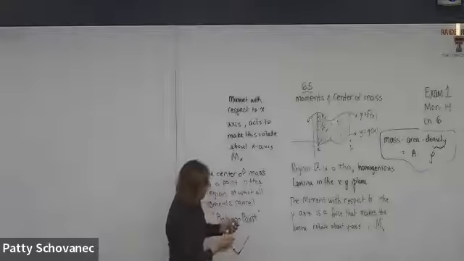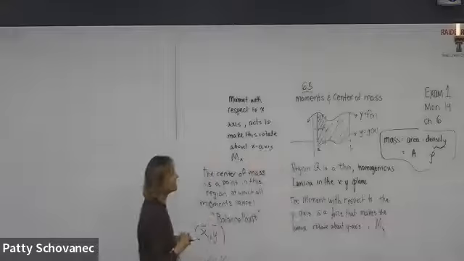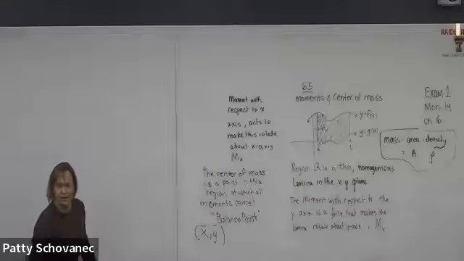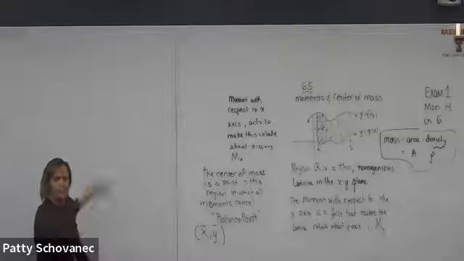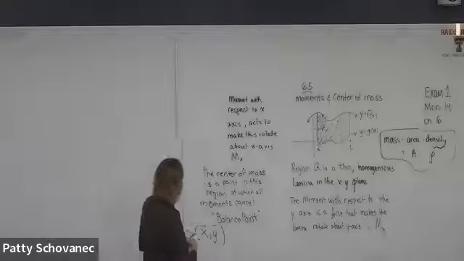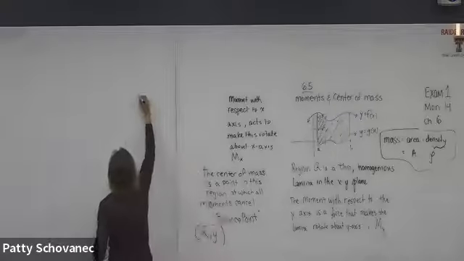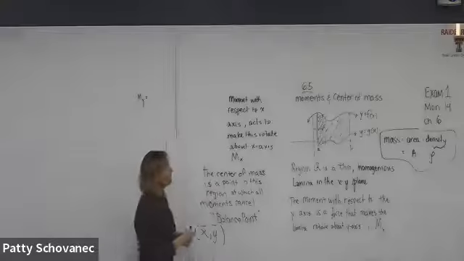That little blue line there that I've drawn represents how we're going to find the moment with respect to the y-axis: that distance times the area of the strip. So looking at that kth strip right there, how do I compute this distance?